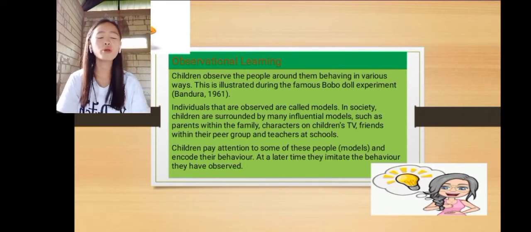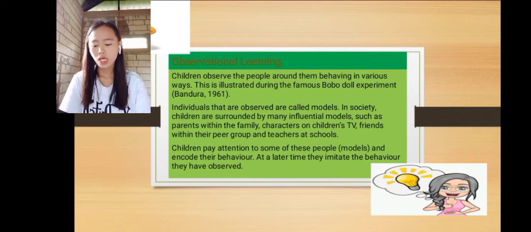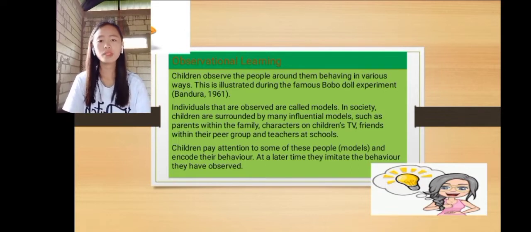By the way, the Bobo doll experiment is the collective name for a series of experiments performed by Albert Bandura, a psychologist, to test his social learning theory. Between 1961 and 1963, he studied the behavior of children after they watched an adult model act aggressively towards a Bobo doll.